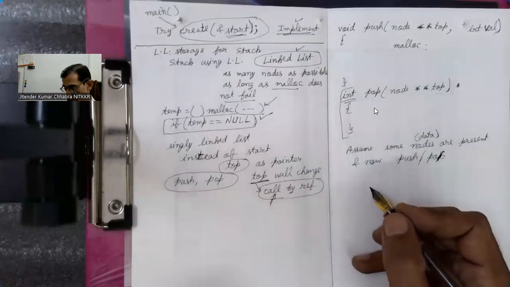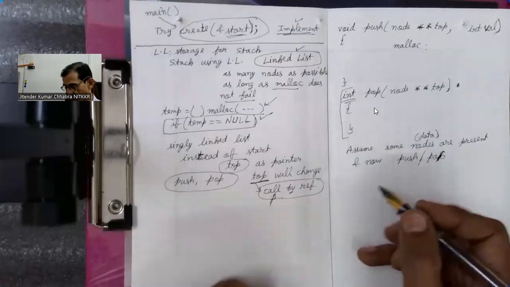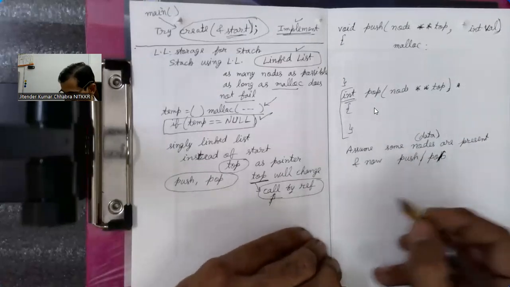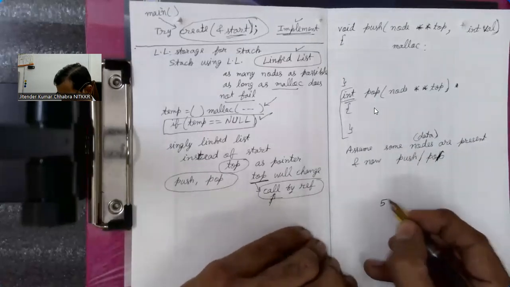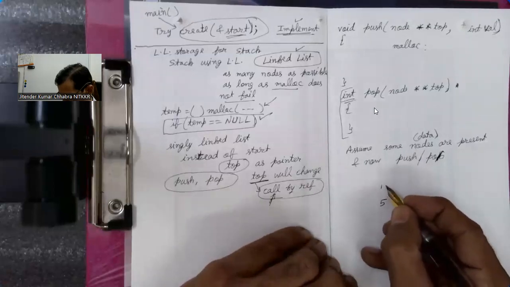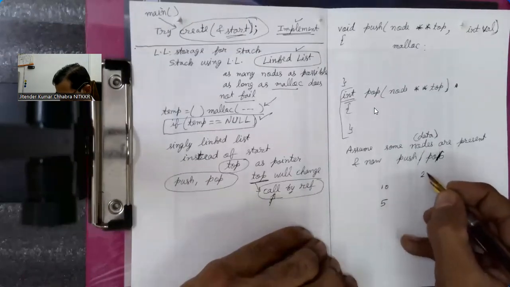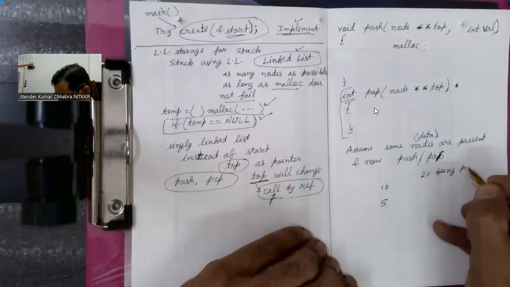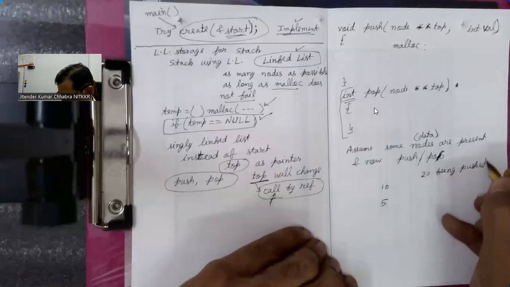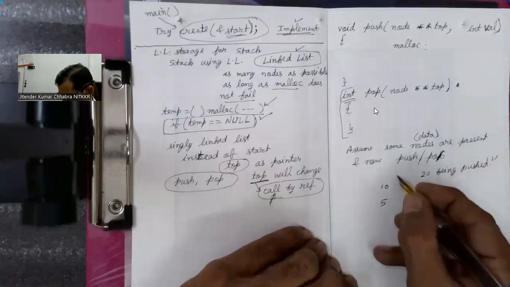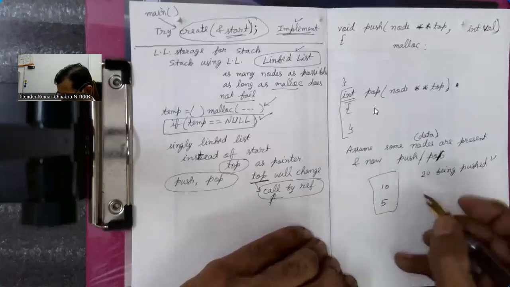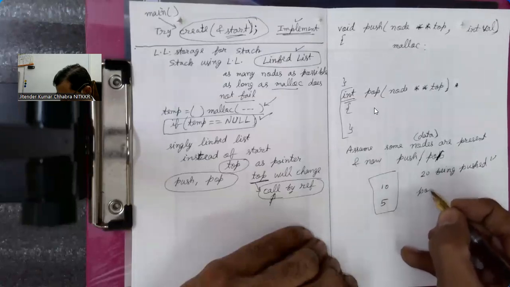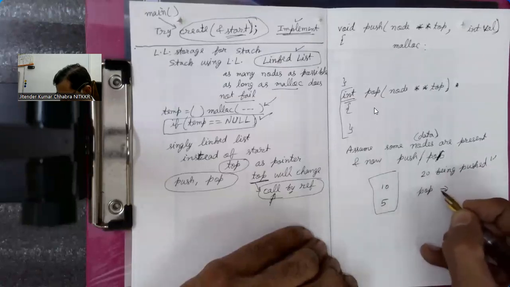So I suggest you pause here and think of implementing this. For example, let's assume that my stack already has 5 and 10 and now 20 is being pushed. It should be done. Similarly, if my stack currently has 5 and 10, pop should mean that 10 should be coming out.